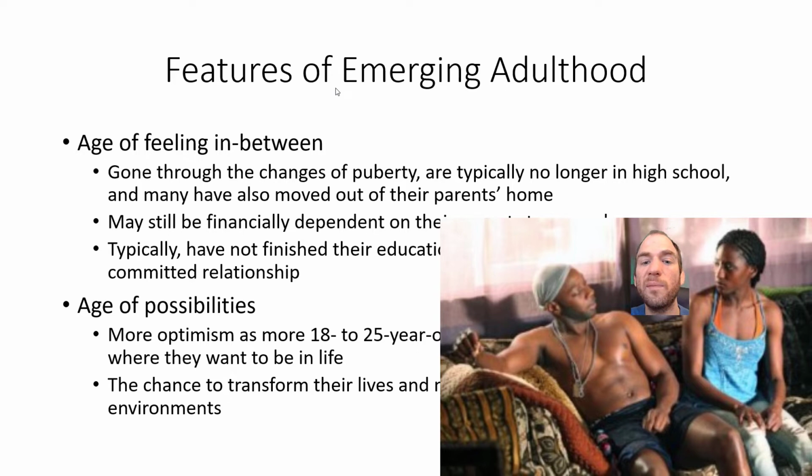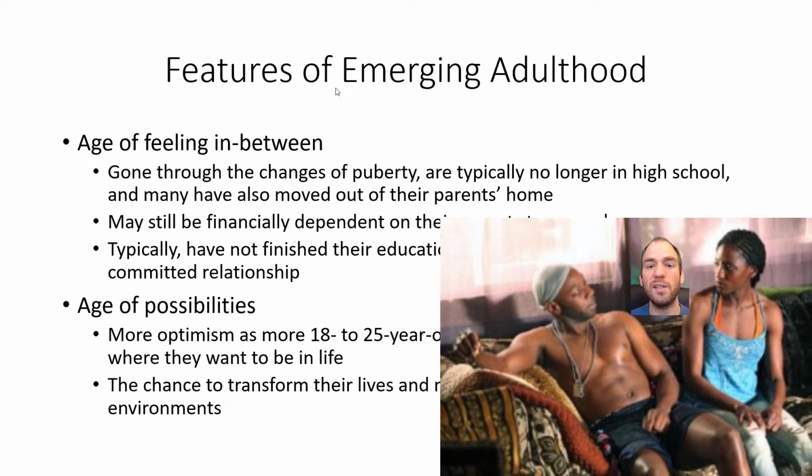They have gone through the changes of puberty, are typically no longer in high school, and many have also moved out of their parents' home. They may still be financially dependent on their parents to some degree, and typically have not finished their education, obtained a good full-time job, or entered a committed relationship. Age of possibilities: more optimism, as many 18 to 25-year-olds feel that they will someday get to where they want to be in life, with the chance to transform their lives and move away from unhealthy environments.